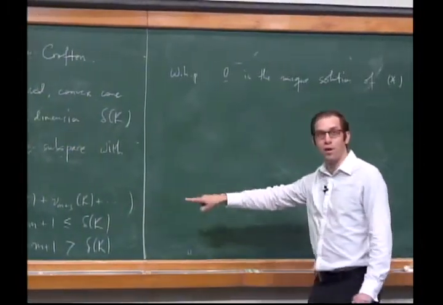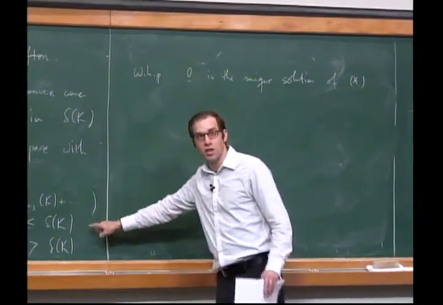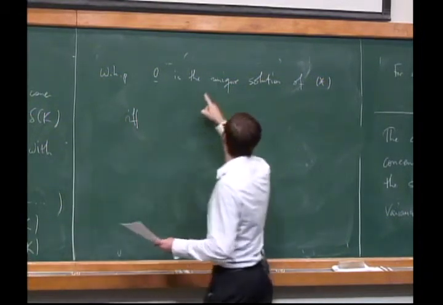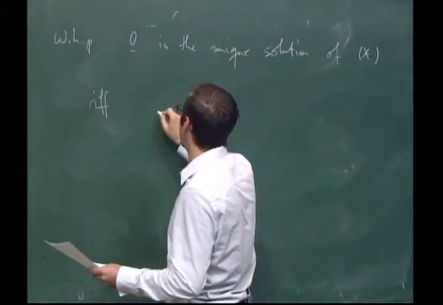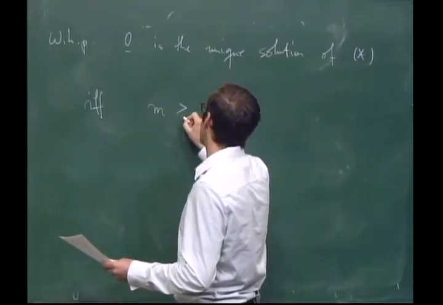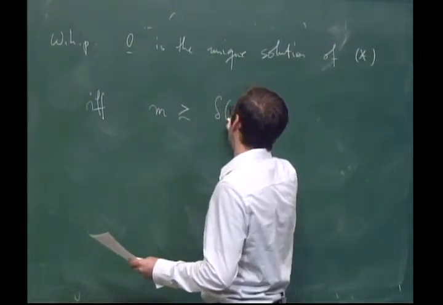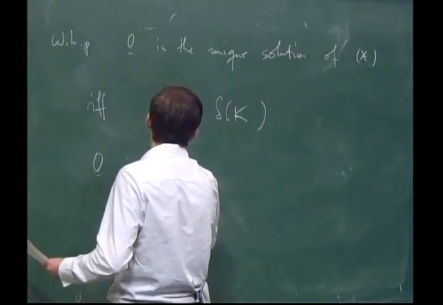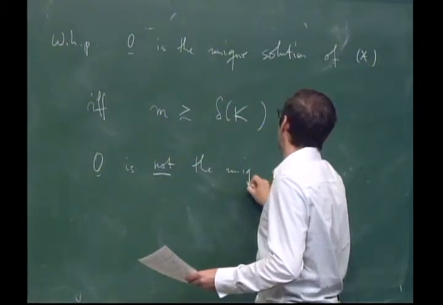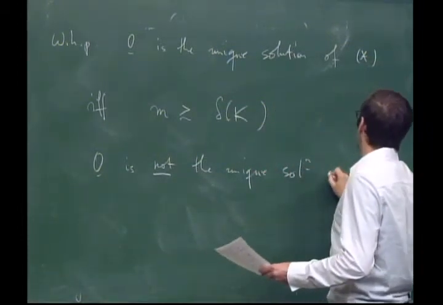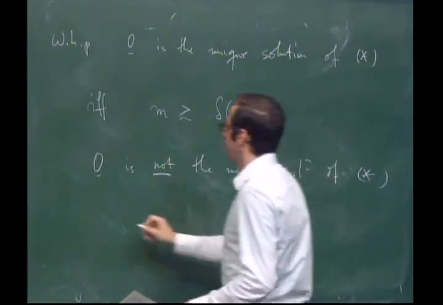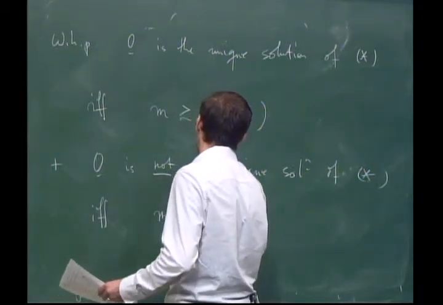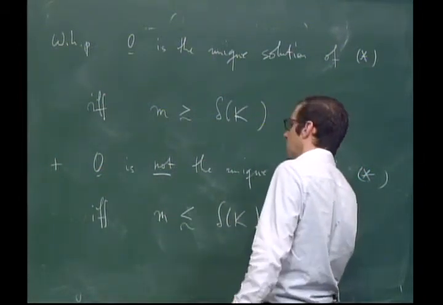So I'm going to flip the sense of these inequalities and discover that with high probability 0 is the unique solution of the optimization problem if and only if m is greater than the statistical dimension, and 0 is not the unique solution of star if and only if m is less than the statistical dimension.